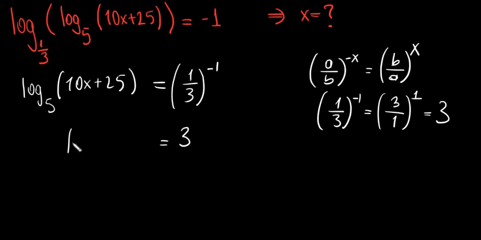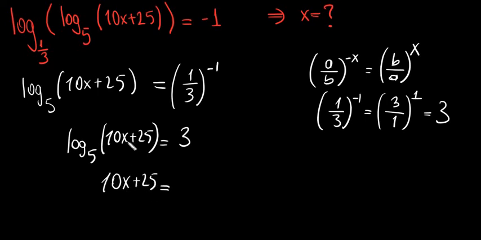So on the left I have log base 5 of 10x plus 25. Alright, so 10x plus 25 is just going to be equal to 5 to the power of 3, because this expression right over here is going to be this base to the power of this number.